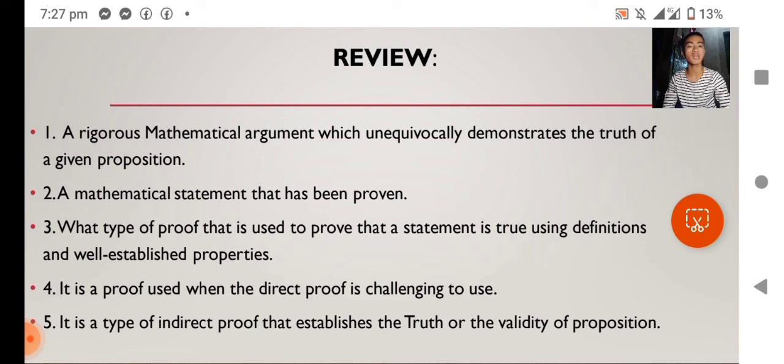Number three, what type of proof is used to prove that a statement is true using definitions and established properties? Number four, it is a proof used when the direct proof is challenging to use. Number five, it is a type of indirect proof that establishes the truth or validity of a proposition.